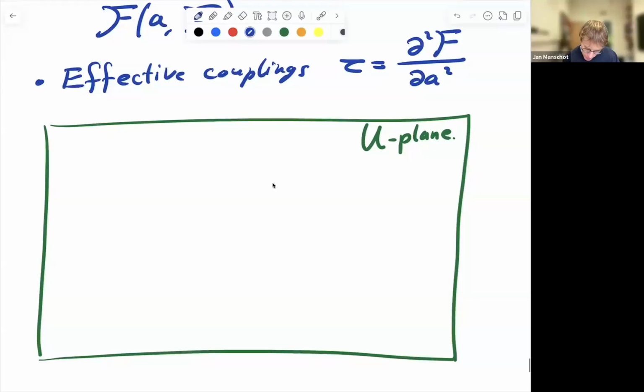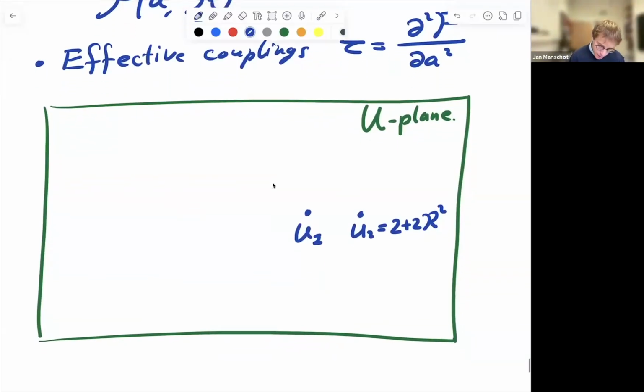There is U1 and U2. U2 is at 2 plus 2R squared, and U1 is at 2 minus 2R squared. Then there are 2 singularities on the left-hand side, U3 and U4. U4 is equal to minus 2 minus 2R squared, and U3 is minus 2 plus 2R squared.